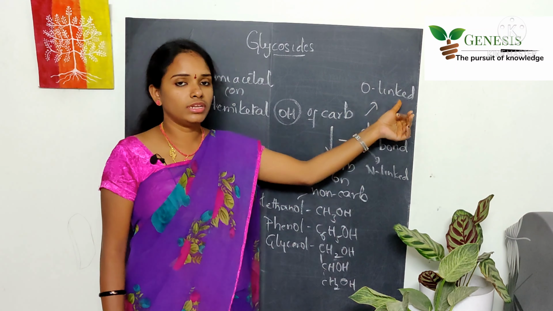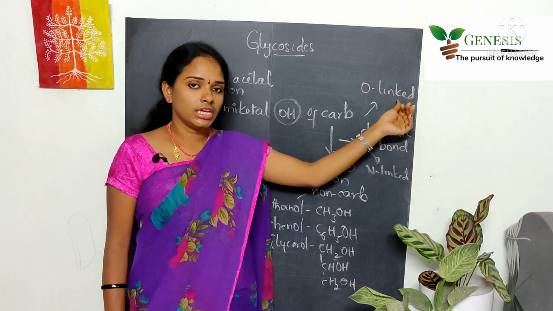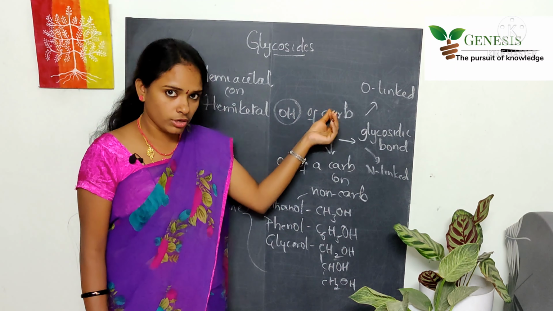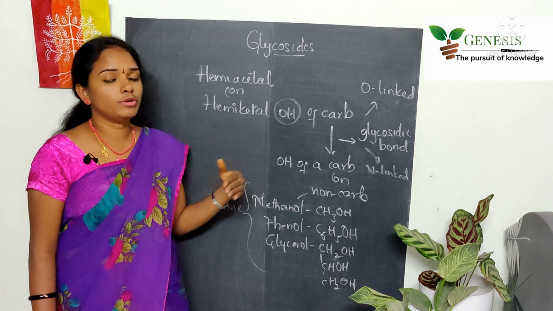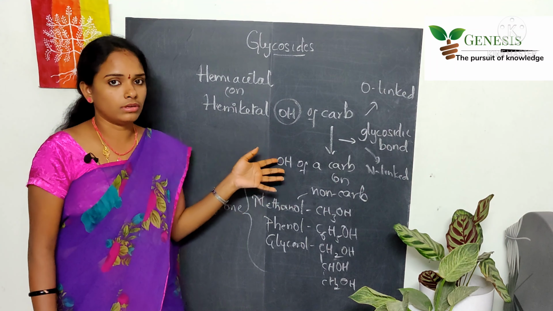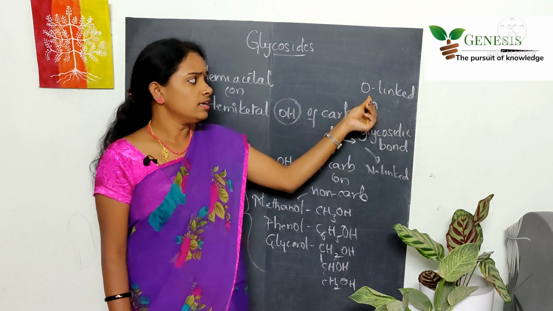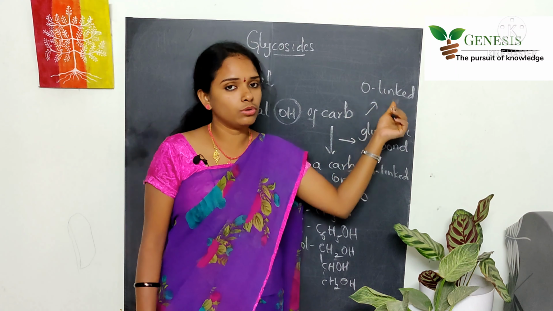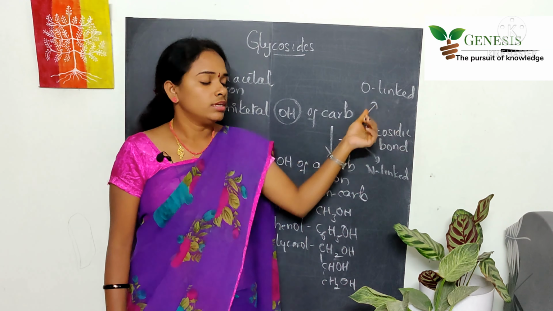O-linked glycosidic bond means the glycosidic bond is formed between the OH group of a carbohydrate and the OH group of another carbohydrate or a non-carbohydrate. Because the linkage is formed with the help of oxygen, we call it O-linked glycosylation.